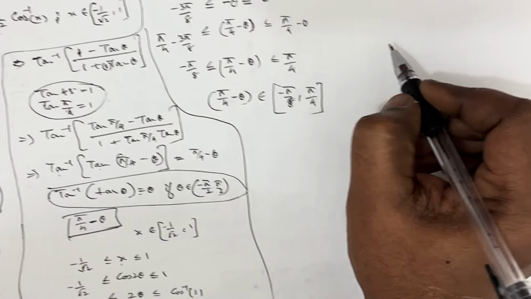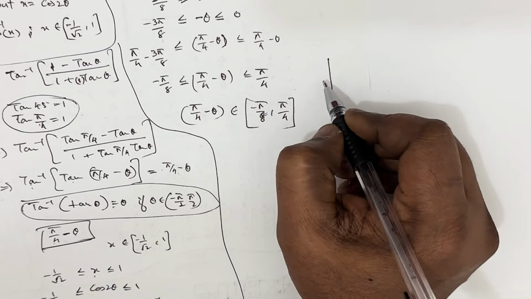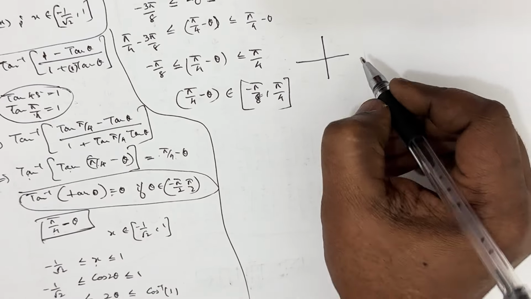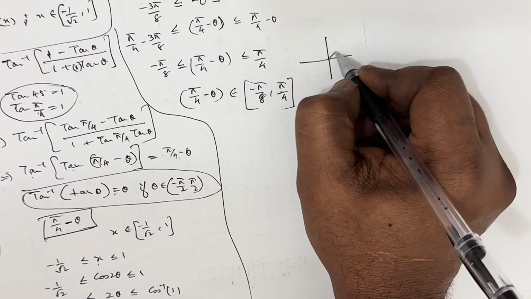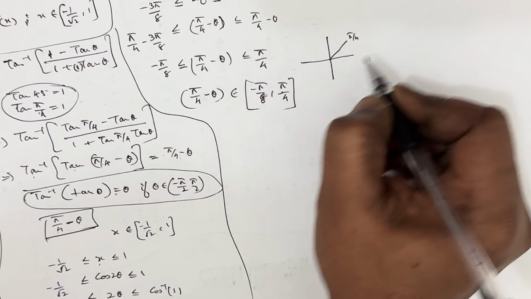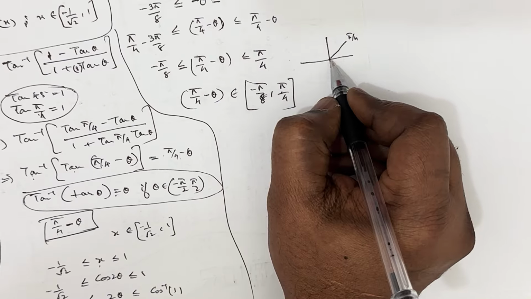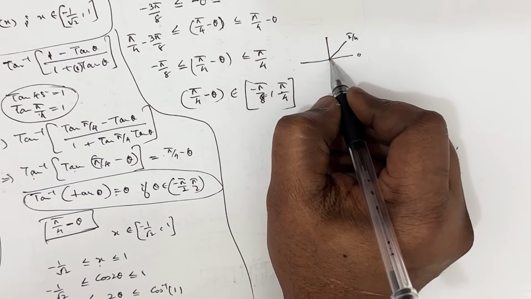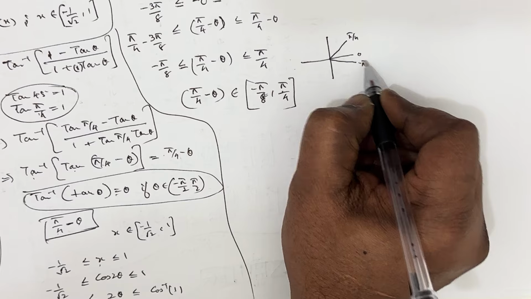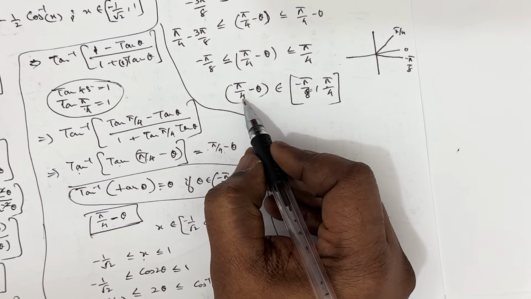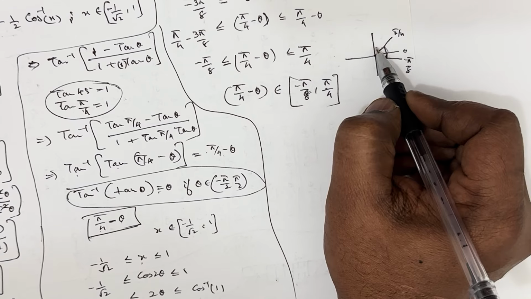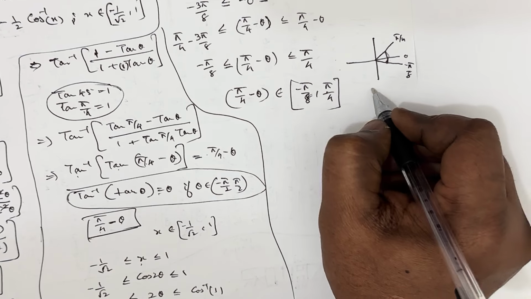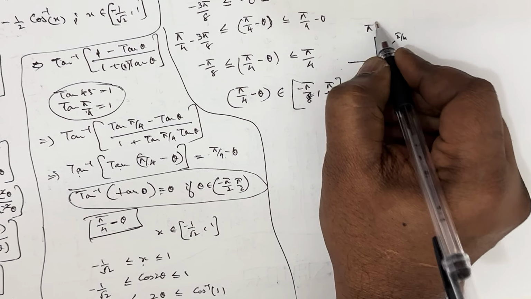If you see the unit circle, you will see that pi by 4 is here, 45 degrees, and minus pi by 8 is towards the negative direction. Minus pi by 8 is here. So pi by 4 minus theta belongs here, which is in the range of the tan inverse, that is minus pi by 2 to pi by 2.